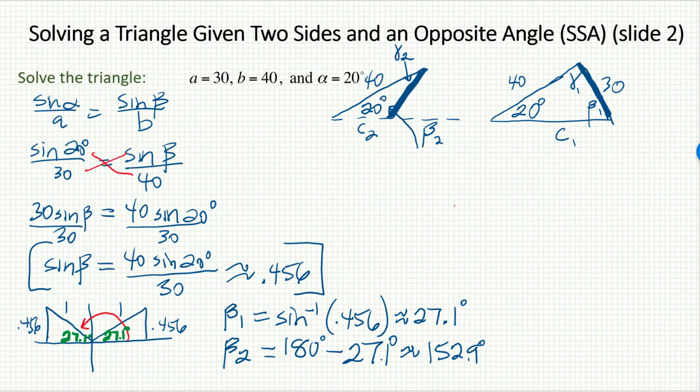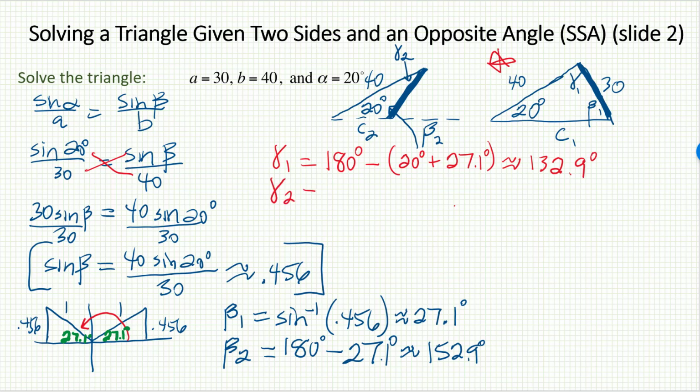For gamma in each case, I know all the angles in the triangle add up to 180. So, for example, to find gamma 1, all I would have to do is add up the other two angles and subtract that from 180 degrees. Here's the one we're calling the first triangle. One of the angles is 20, and beta 1 was 27.1. You can check on the calculator, this comes out to be 132.9 degrees.